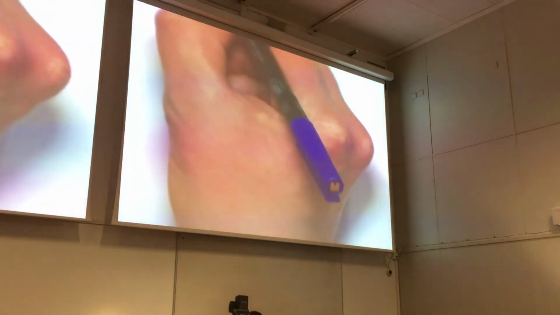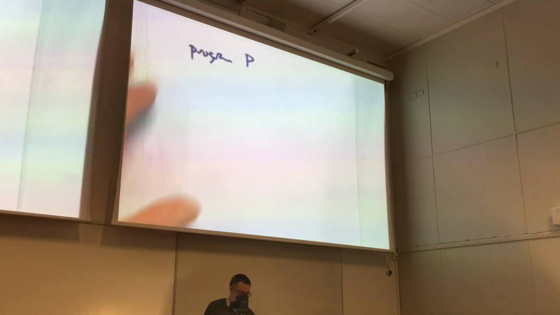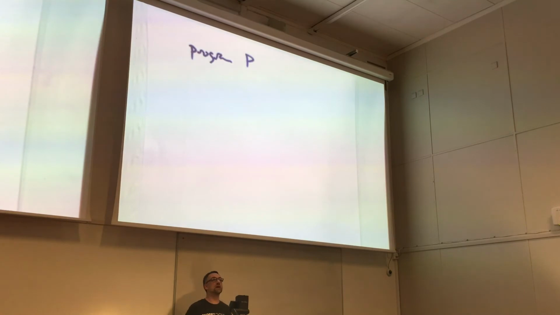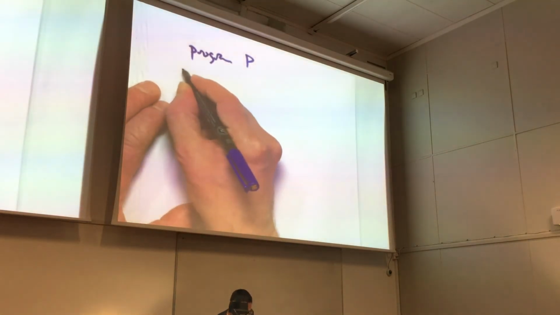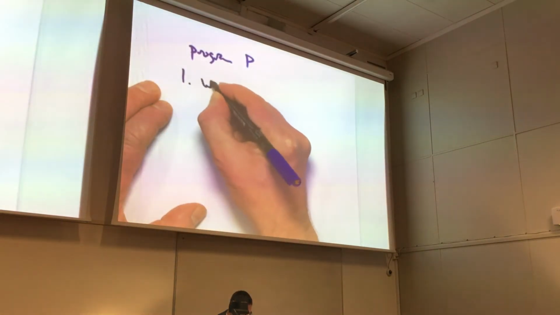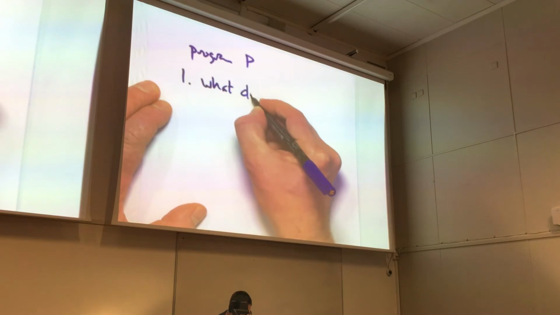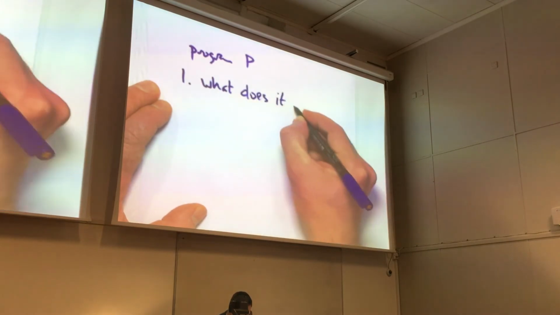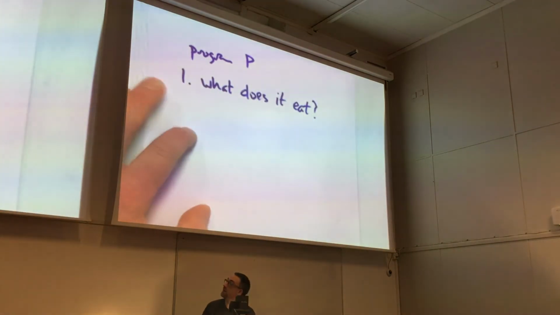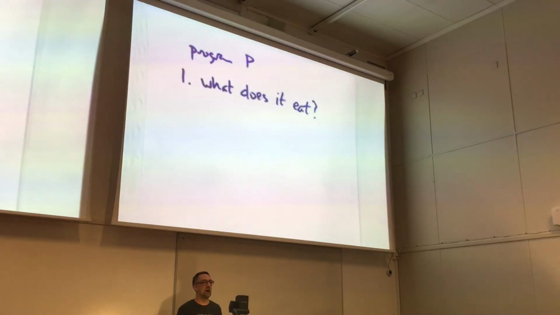So, suppose we have some program P. Let's zoom out. Suppose P is a program. What should we know? What questions should we ask about any program at all? A bit like animals, really. What does it eat? Yeah? What input does the program expect?